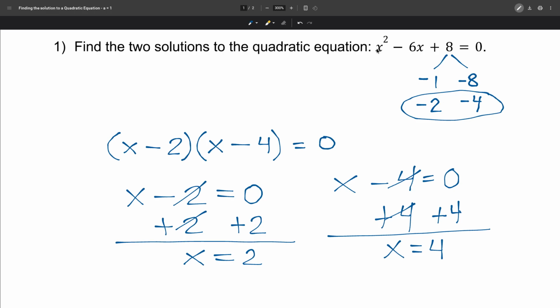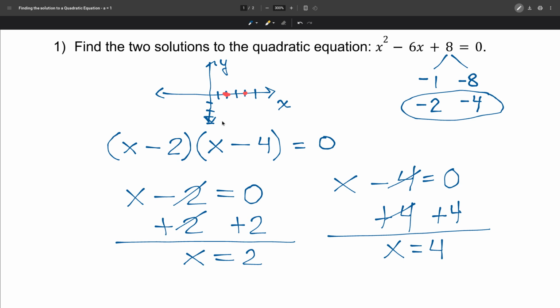Now this parabola opens up. So if we want to do a quick sketch of what we're looking at, let's say this is our y-axis here, and we have our x-axis here. 1, 2, 3, 4, 5. Our function here is going to cross at x equals 2 and x equals 4.